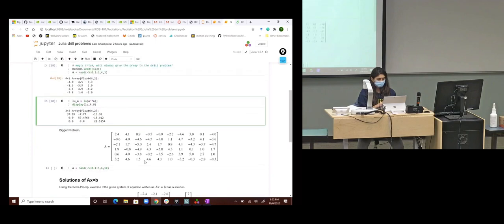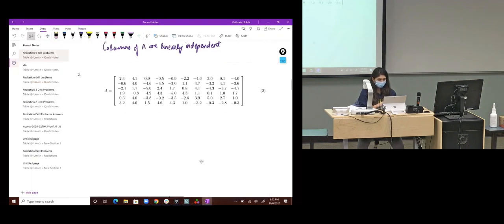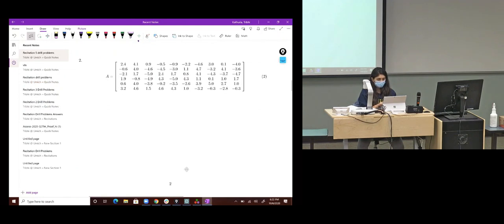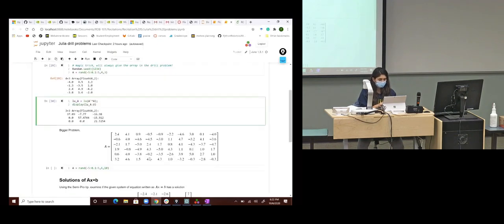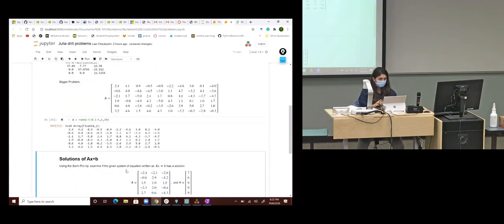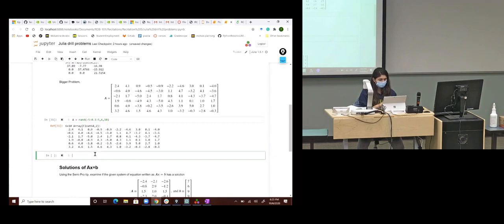So now let's see how that translates into a bigger problem. The next part that I have here, again, I copied that down into Julia, and when I run it, I get this really, really big A matrix, and I'm going to create a cell down here.